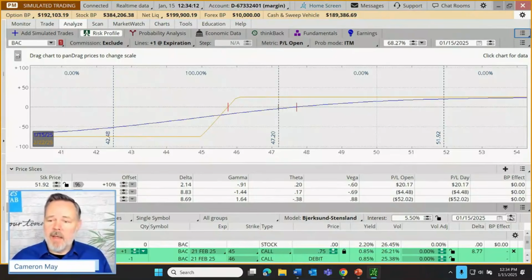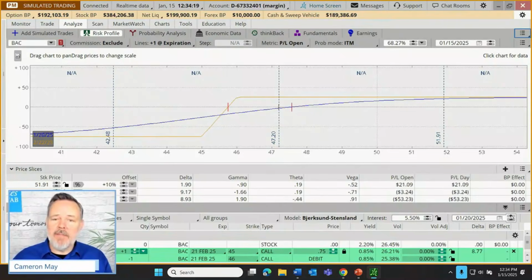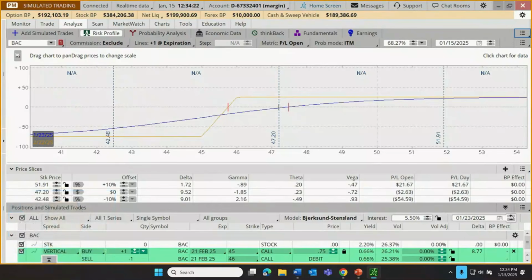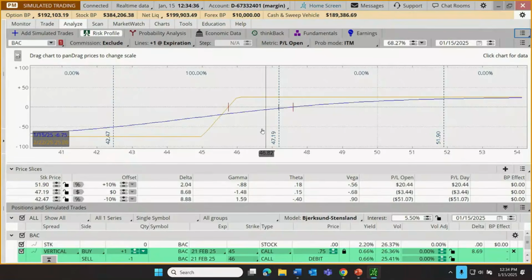So if we click on the plus sign, we can see time actually working in the favor of this trade, even without the stock moving. Let me just reset this back to the present day. There we go. If we look at present day, we're below break even due to the spread in the bid and ask price on the options that we've traded. So break even is right here.